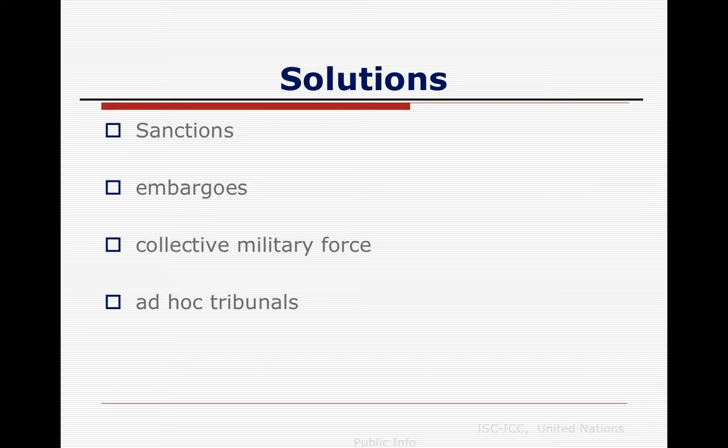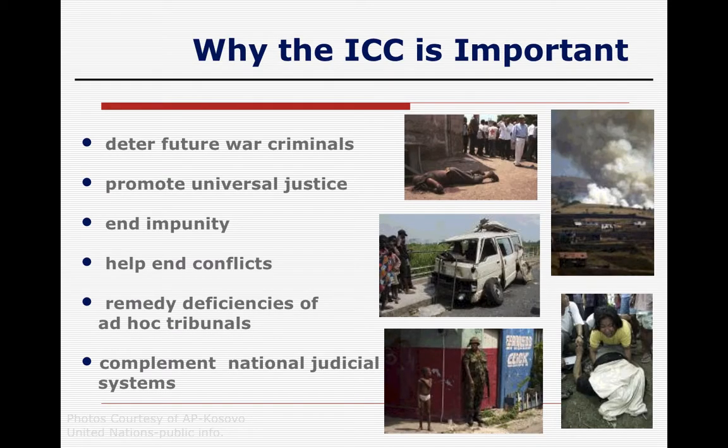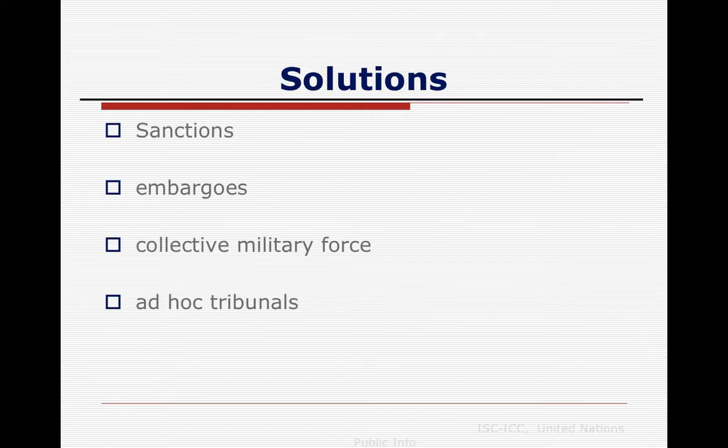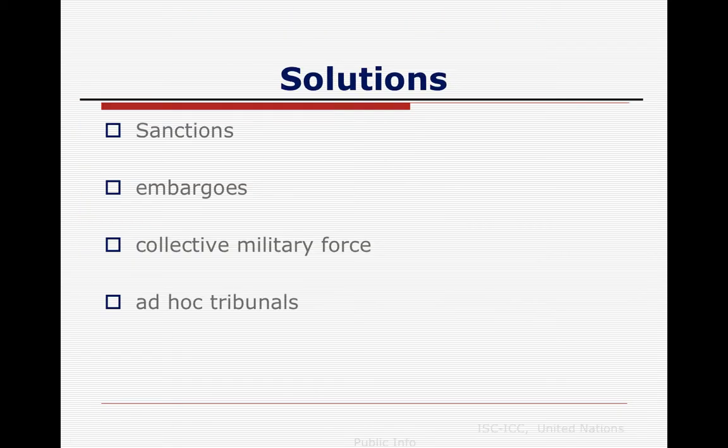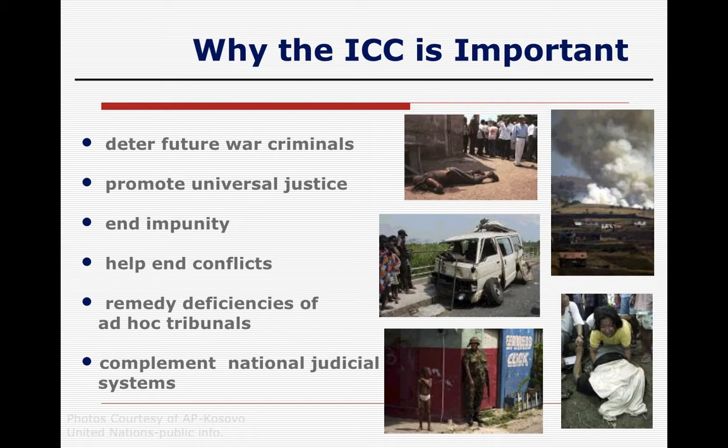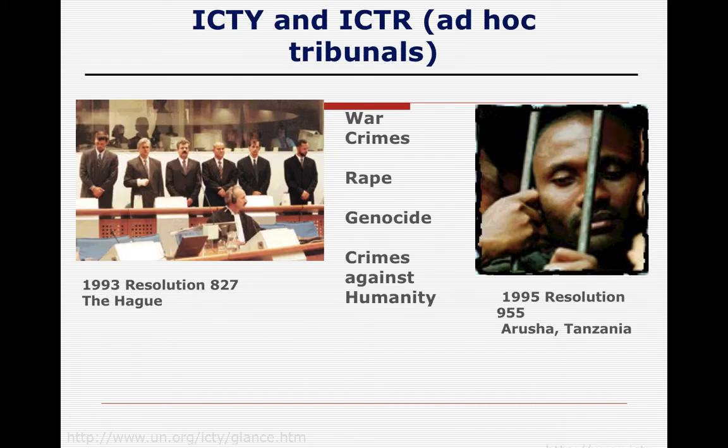What these judgments can seek to do is also try to identify certain solutions along with international adjudicatory processes. I think other solutions like sanctions, embargoes, or collective military force can also act as a deterrence against severe crimes. So that's the general idea about why the ICC might be important.